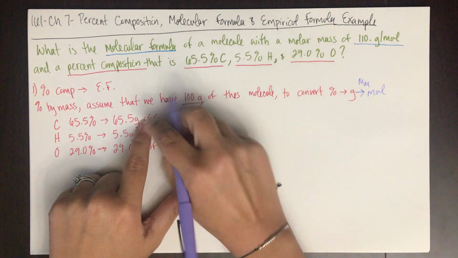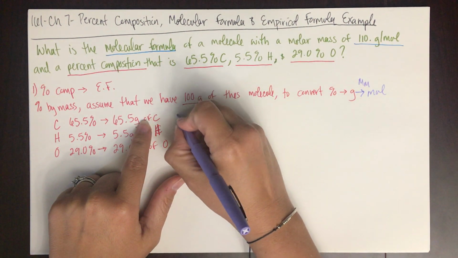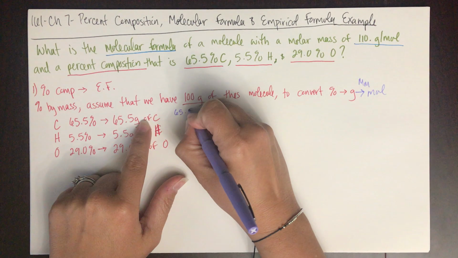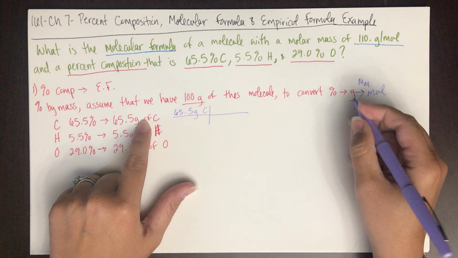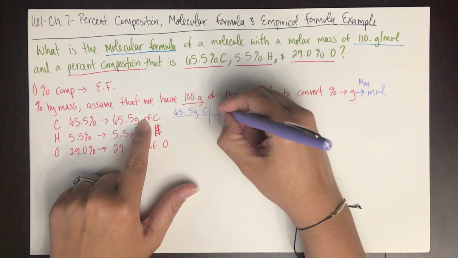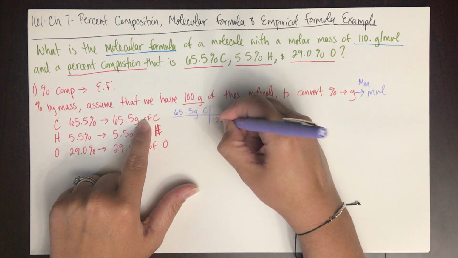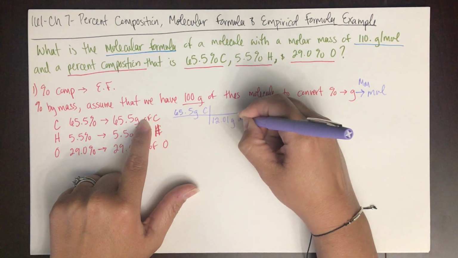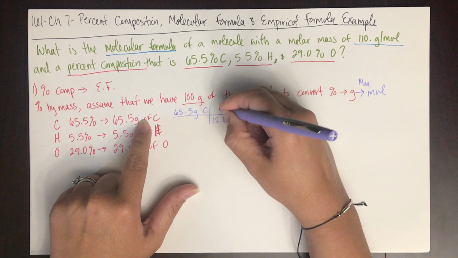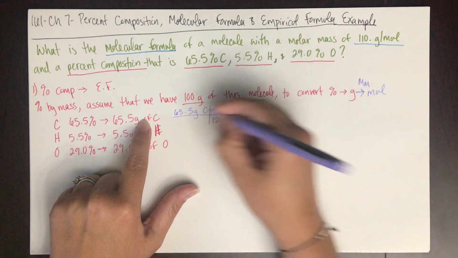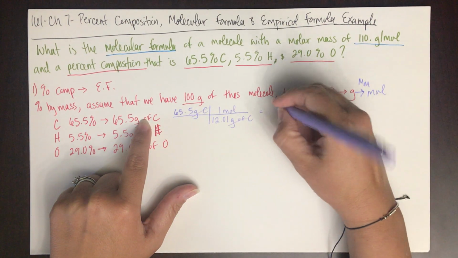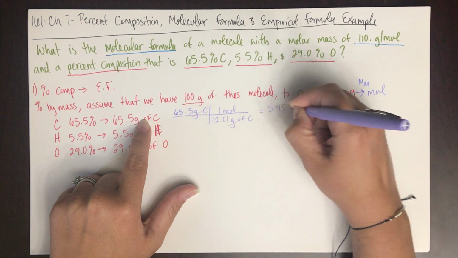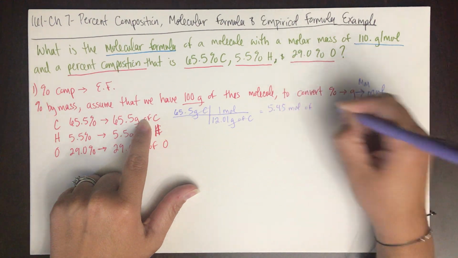So if I have 65.5 grams of carbon, I want to convert that to moles of carbon. I'm going to say 12.01 grams of carbon is 1 mole of carbon. So grams of carbon is going to cancel. Now I have 5.45 moles of carbon.